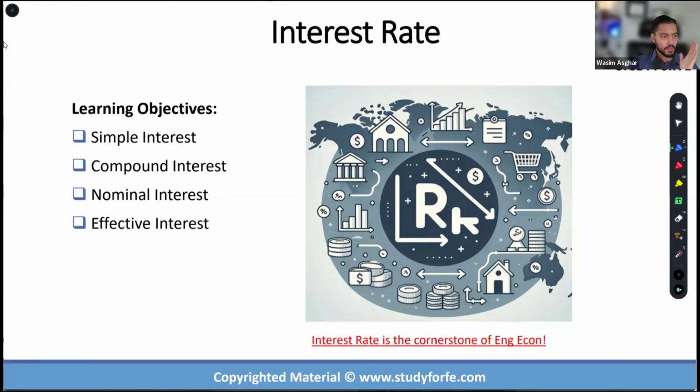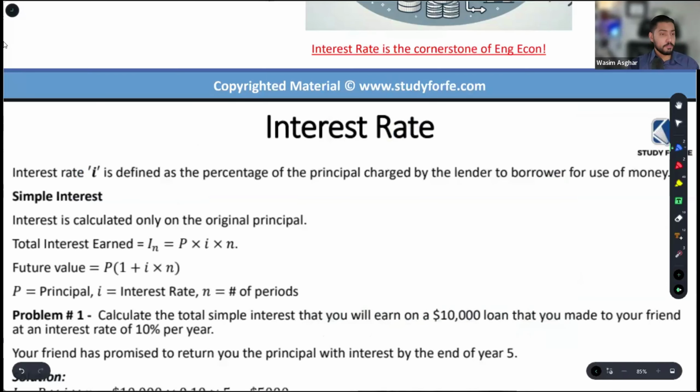My goal by the end of today's session, in the next 15, 20, 30, 35 minutes, is to leave you with a much clearer understanding of how interest rate works, and which interest rate you should use in which scenario. So let us start with something called simple interest rate.